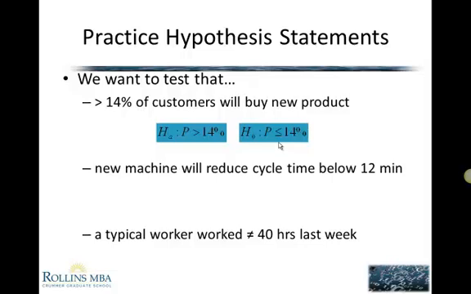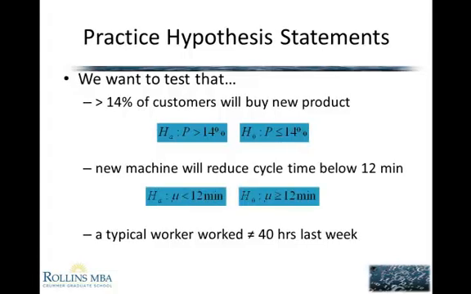Some new piece of equipment is going to reduce our cycle time in some process to below 12 minutes. Now, if we're looking at cycle time over some large number of iterations of this process, or a large number of parts being manufactured, if it's a manufacturing process, then what we would look at here is the average cycle time to see whether or not it's below 12 minutes.